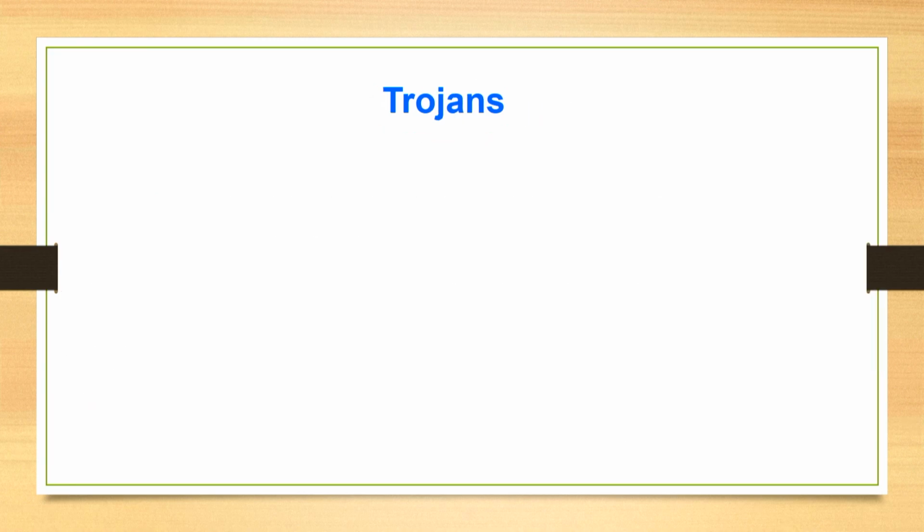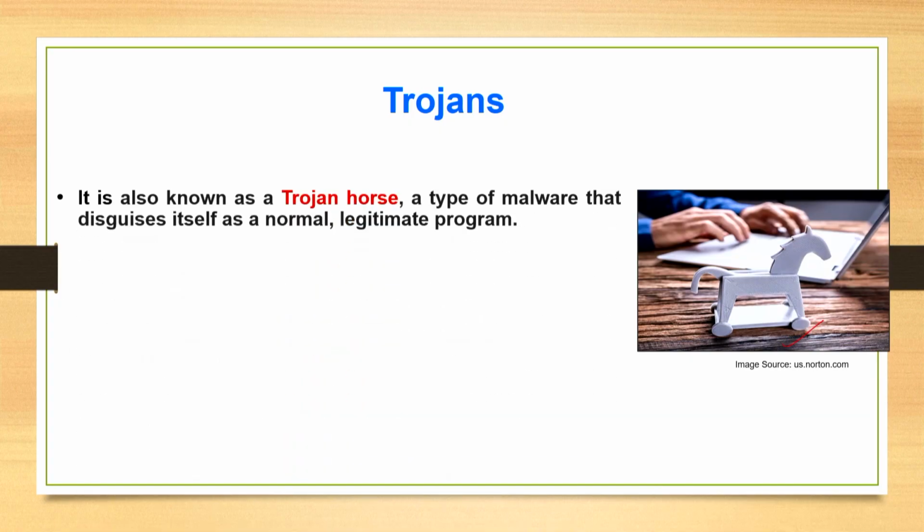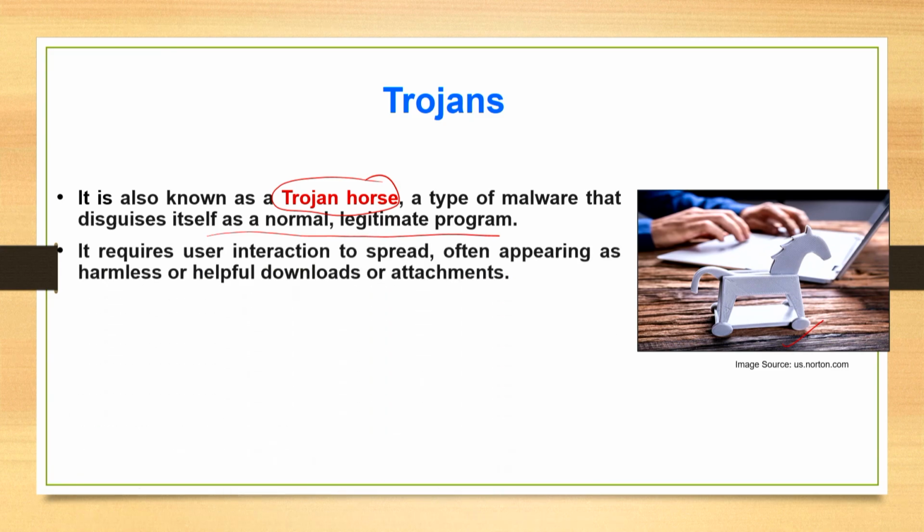Another type of malware is a trojan. You can see here it is a horse symbol, so it is also known as Trojan horse. It is a type of malware that disguises itself as a normal and legitimate program.